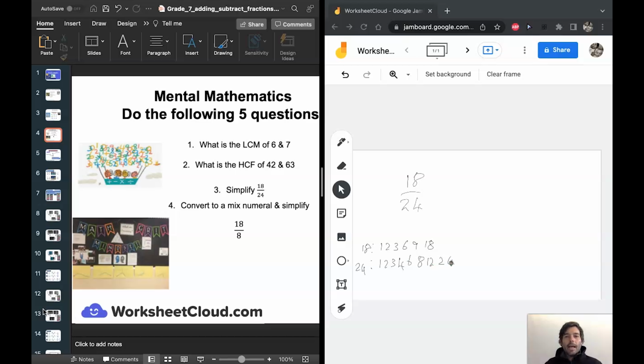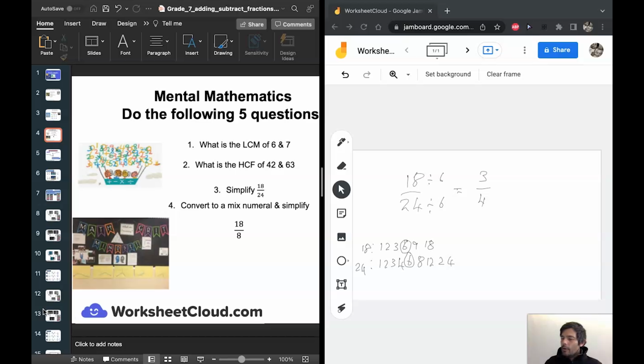Okay, so which is the highest common factor? Which number happens in both sets that's the highest? Okay, and I think we can all see that it's the number 6. All right, so if I divide both the numerator and the denominator by the number 6, I'm going to get 3 over 4, and 3/4 is my simplified fraction of 18 over 24.